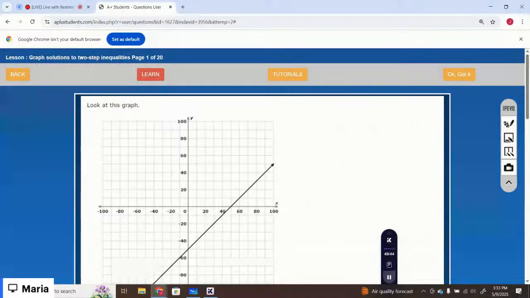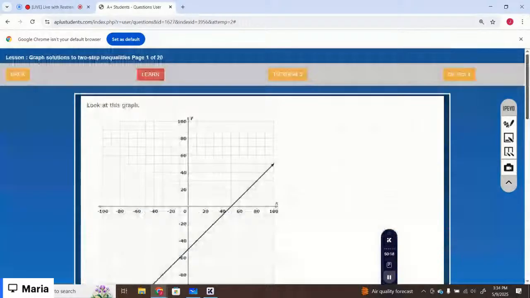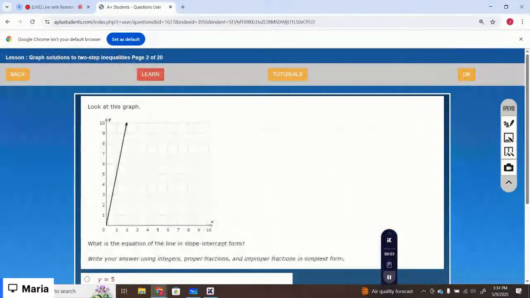Look at this graph. x minus 50. Look at this graph.